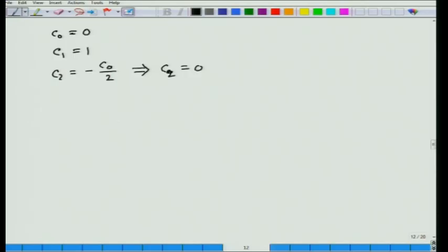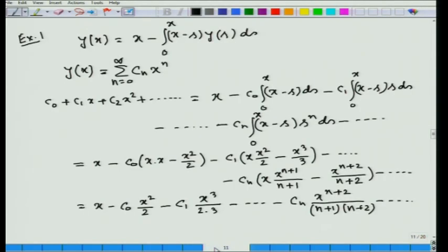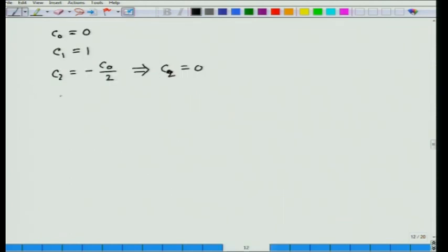Similarly, if we equate the coefficient of the cubic term, here we have C 3 x cube and on the right minus C 1 x cube by 2 into 3. So, therefore, C 3 is equal to minus C 1 by 2 into 3. So, this is equal to minus 1 by 2 into 3, and the recurrence formula can be obtained in this way.